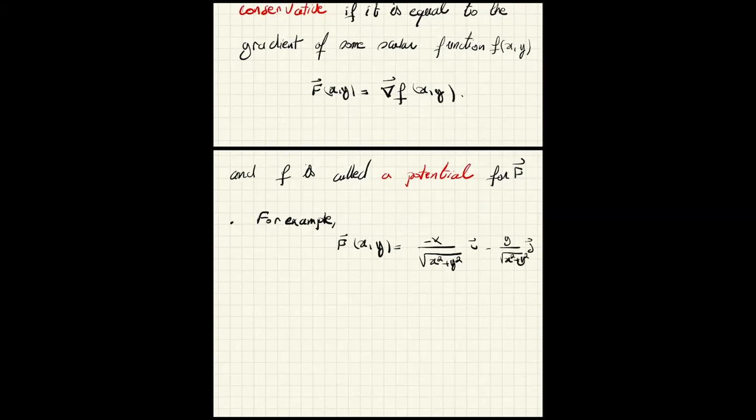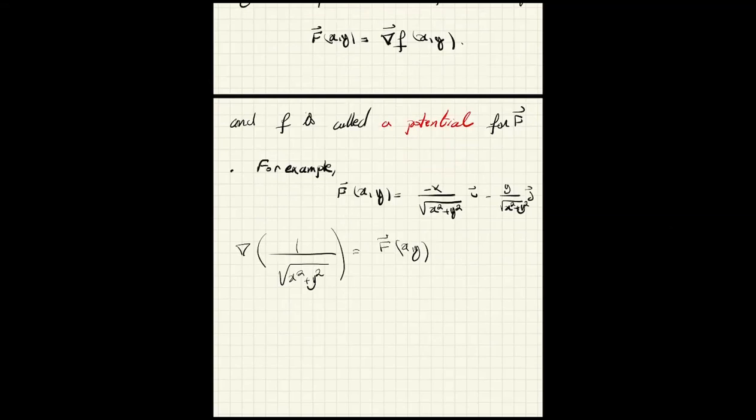The reason is that if you take the gradient of this function, it's going to give you exactly this, right? And that's actually the form of the gravitational field.